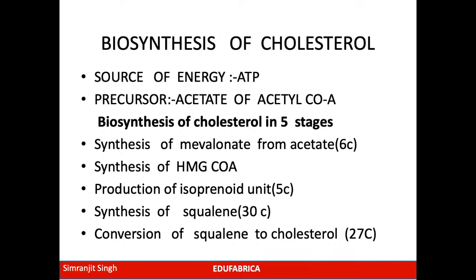For biosynthesis of cholesterol, the source of energy required is ATP, and the precursors used are acetate or acetyl coenzyme A. Biosynthesis of cholesterol occurs in 5 stages. First, synthesis of mevalonate from acetate, then synthesis of HMG-CoA, then production of isoprenoid unit, then synthesis of squalene, and conversion of squalene to cholesterol.